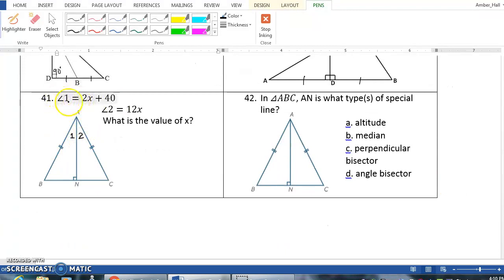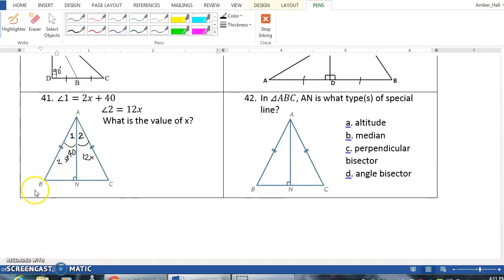41. Angle 1, right here, is 2x plus 40. Angle 2 is 12x. What is the value of x? Well, this type of triangle is an isosceles triangle because this side is congruent to that side. We also know that this line, AN, is an altitude. But in an isosceles triangle, all altitudes are the same as medians.